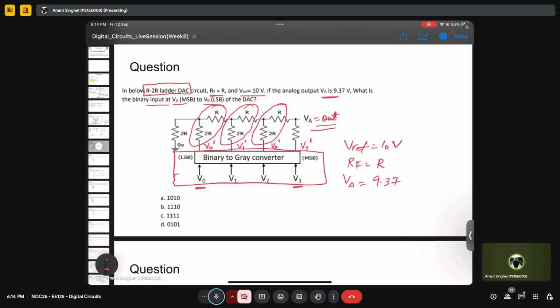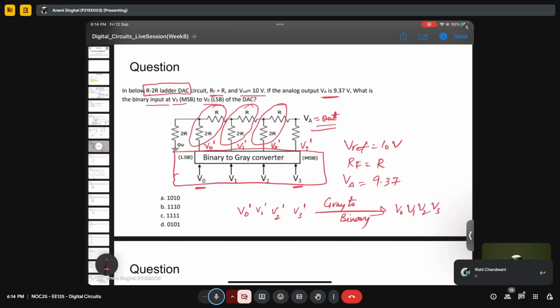Then if we do a gray to binary conversion for these bits, we'll get V0, V1, V2, V3. And just to be clear, V3 is the MSB, so we should have written it the opposite way. The actual answer will be V3, V2, V1, V0.